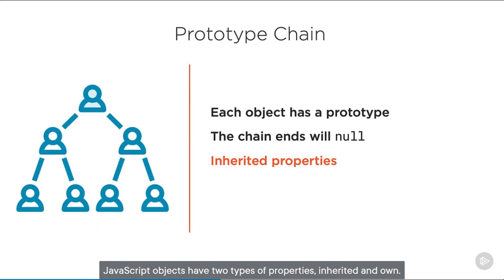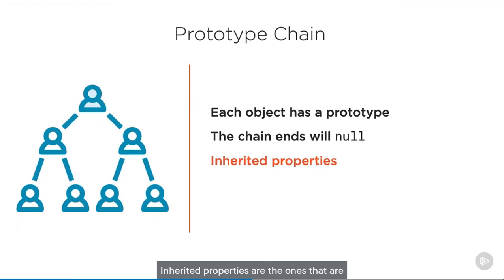JavaScript objects have two types of properties: inherited and own. Own properties are the ones that are directly declared when the object is created or added at runtime to a particular object. Inherited properties are the ones that are available through the prototype chain. They are accessed in exactly the same way as own properties, via the dot or bracket notation.